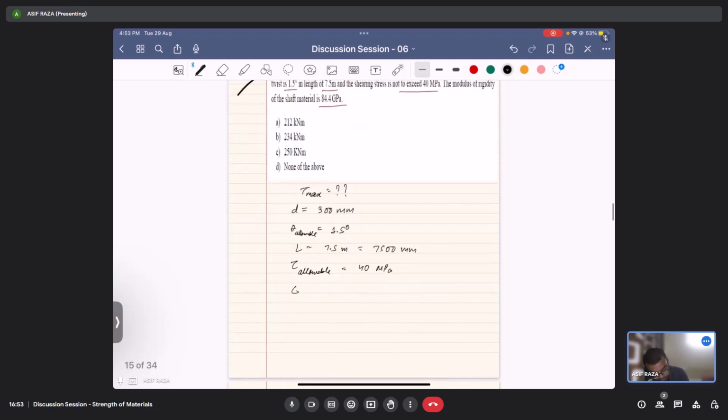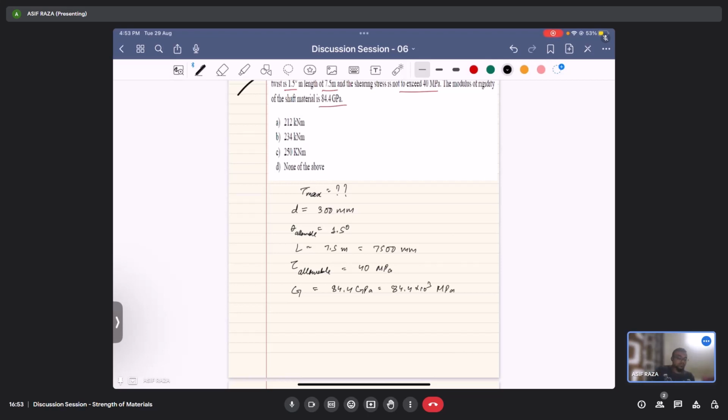Then the modulus of rigidity is 84.4 gigapascal, that is 84.4 into 10 to the power 3 megapascal.